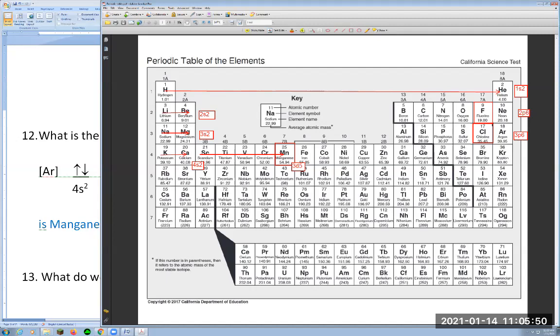So 3p5. And then again, ns2 and p5 with n equal 4. That's going to be 4s2, 4p5, and that would be bromine. And then if you change n to 5, that would be iodine.